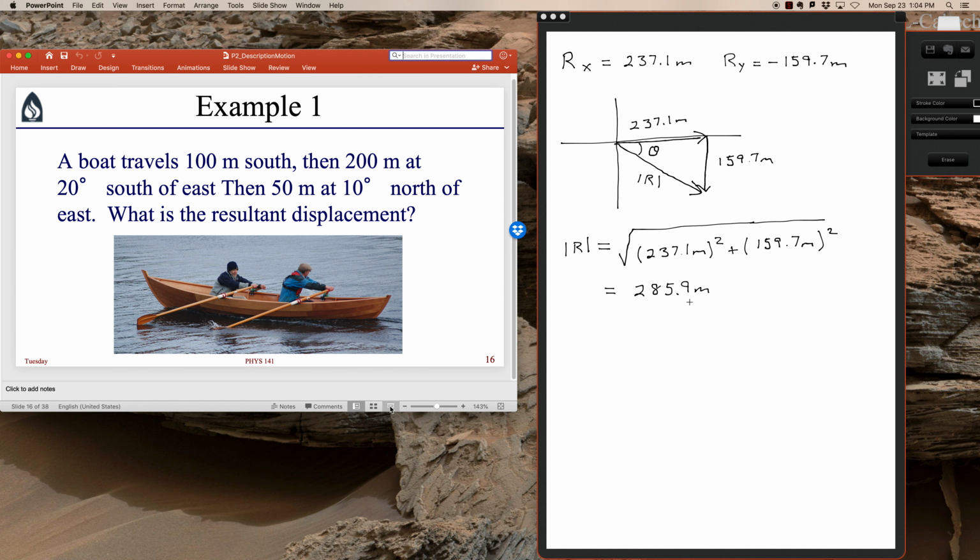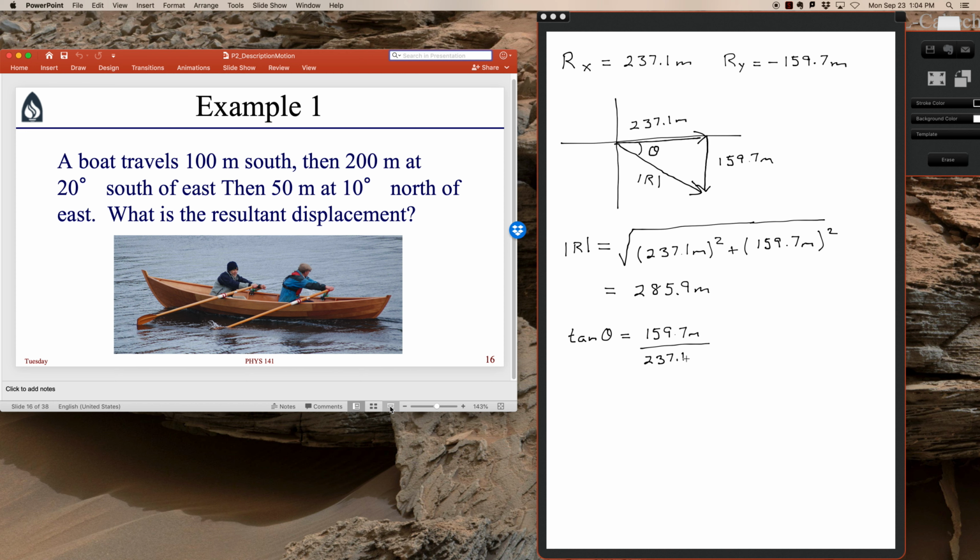I also want to find this angle that the resultant vector is pointing at, so I can find that angle using some trigonometry. Specifically, if I look at the tan of that angle, the tangent would be the opposite side, 159.7 meters, divided by the adjacent side of 237.1 meters.